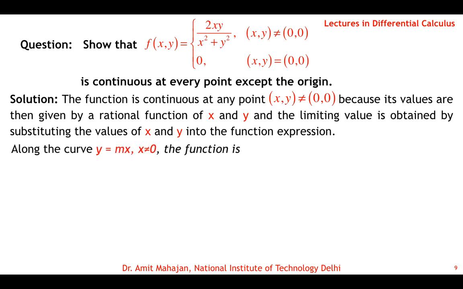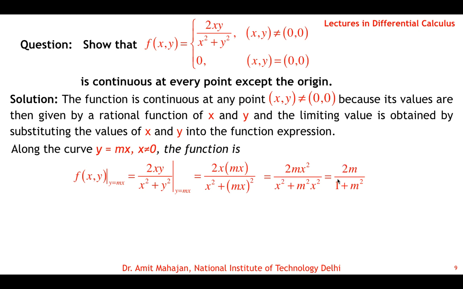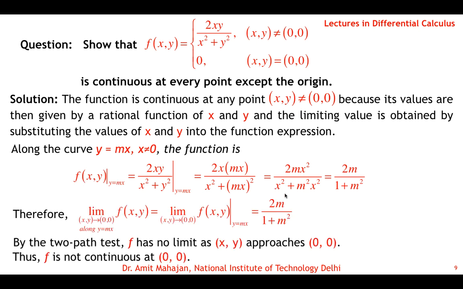So along the curve y equals mx, when x is non-zero, the function along this path for any m gives us 2m over 1 plus m squared. The x squared cancels out because x is a non-zero quantity. So the limit as (x,y) tends to (0,0) of this function remains 2m over 1 plus m squared, and so the limit is not unique. Different paths give different values.